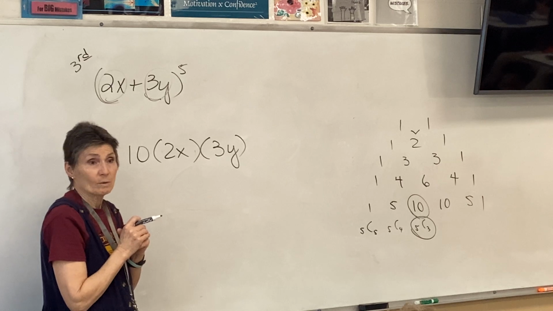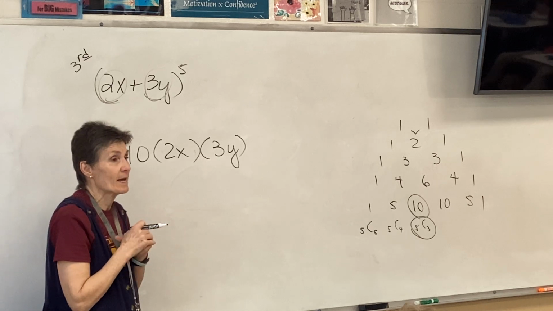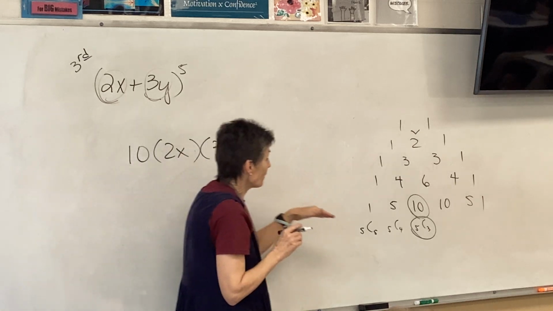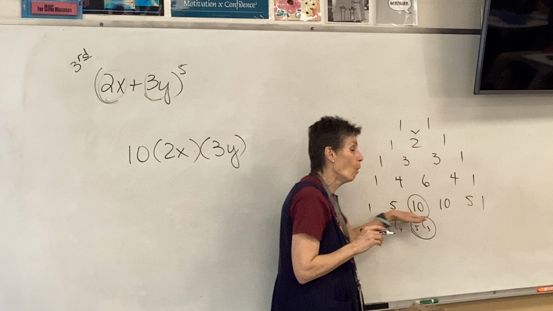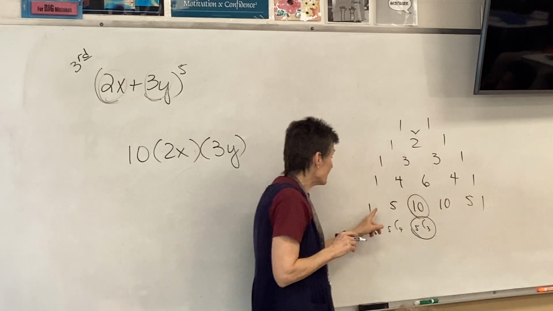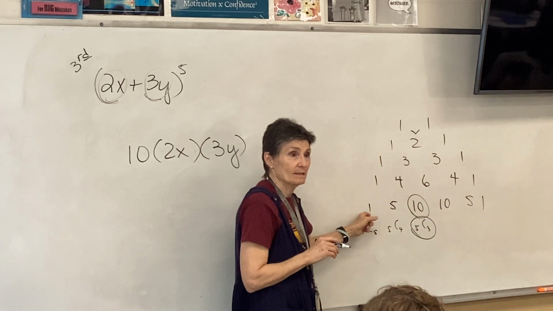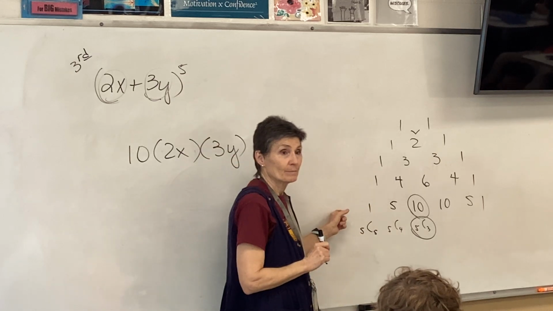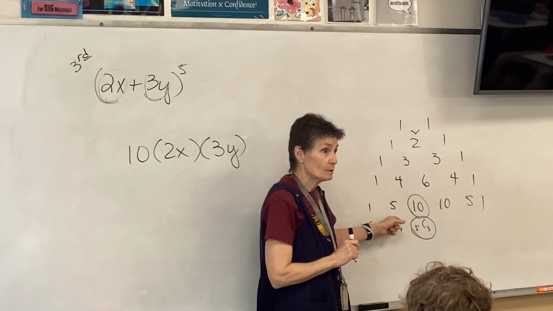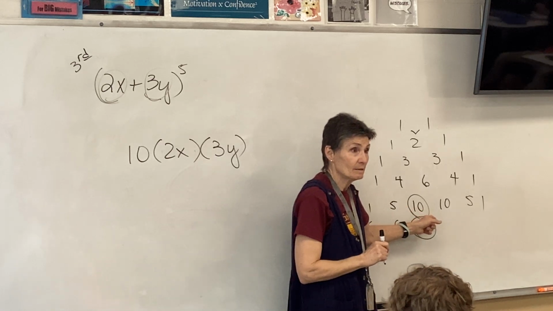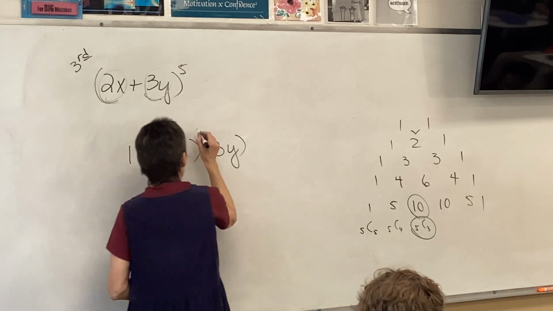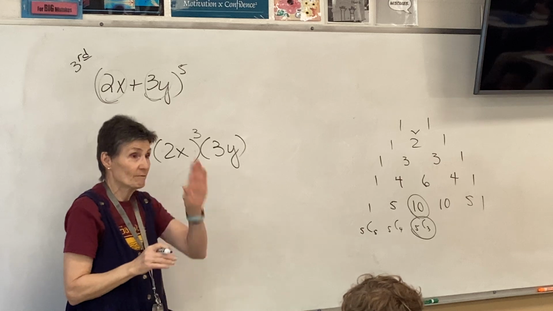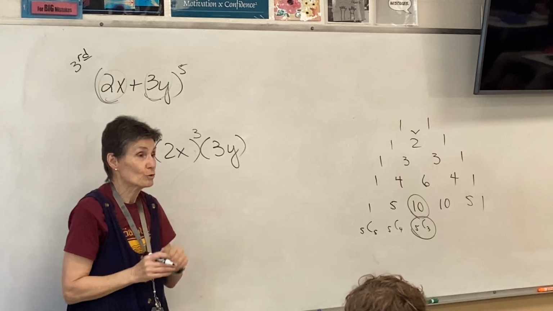Now, what is the next to last thing I have to do? Exponents. And if I were putting on the exponents in the whole row, the exponent on x in the first term would be 5. And then it would go down to 4, and then 3. So the exponent on the x part, if I'm counting down to the third term, 5, 4, 3, the third term has a 3.